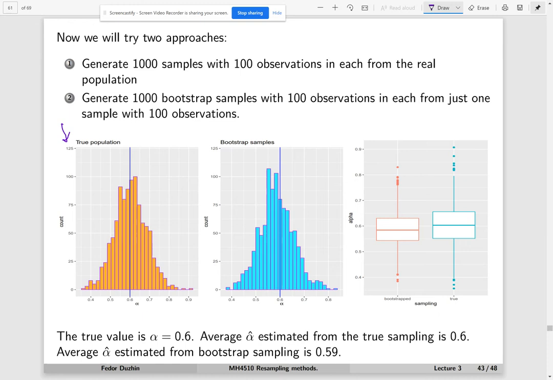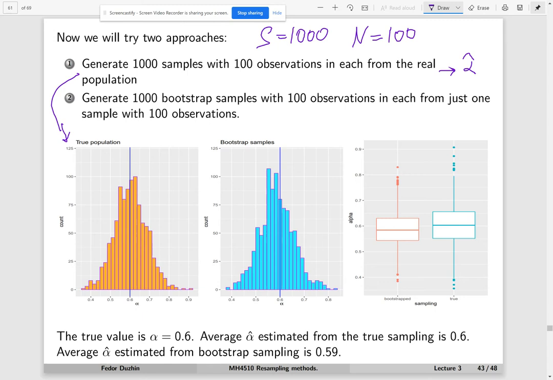So in my case, the number of samples is 1,000, and the number of observations in each sample, n, is 100. And this is my first approach. And every time I calculate the estimated alpha hat.